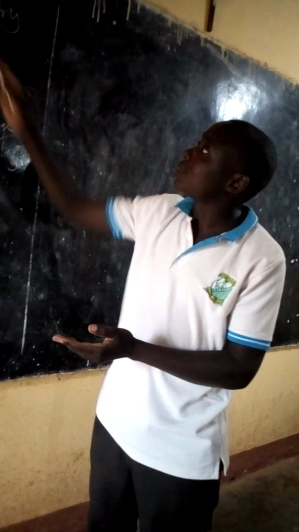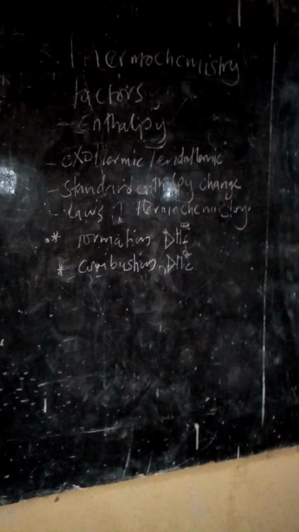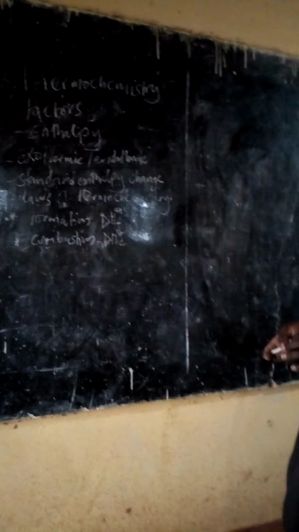So today we want to start off with thermochemistry, and this one is going to be handled throughout using our YouTube platforms. For today, lesson 1, according to what I have sent on your WhatsApp, we are going to split this topic into about 7 lessons.